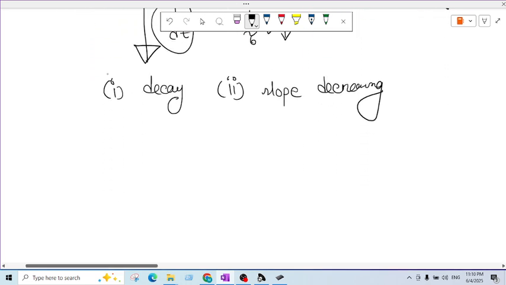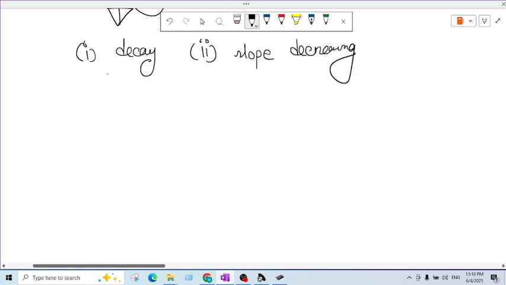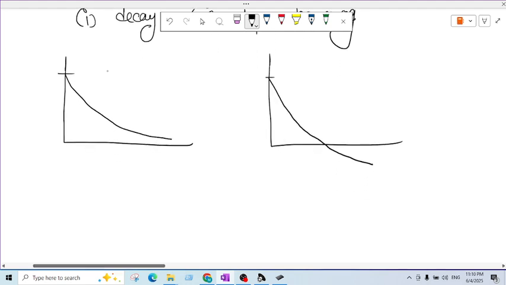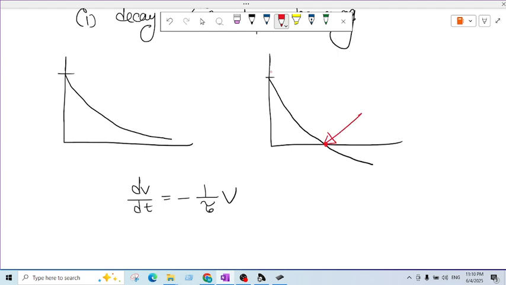And now my third question is: will it always stay positive, or may it become negative? Let me write the equation again. dv by dt is equal to minus 1 by tau v, and analyze this equation at this point. What is the value of v at this point?